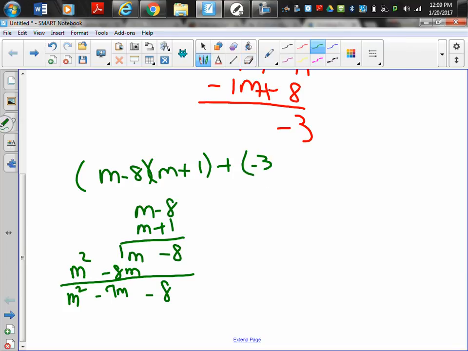So I'm going to take the negative 3 and put it with my negative 8. That gives me m squared minus 7m minus 11.